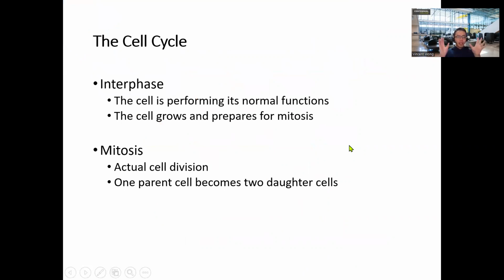All right, so now we can talk about the cell cycle. If you think about a cell doing its own thing and then ultimately dividing to become two, the cell actually spends most of its time in what we call interphase. In interphase, the cell is just performing its normal function.